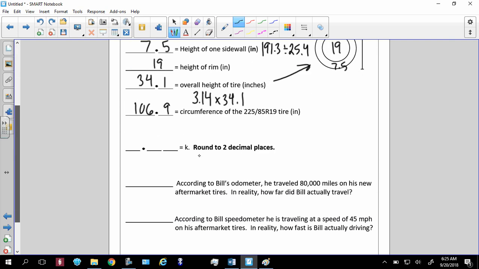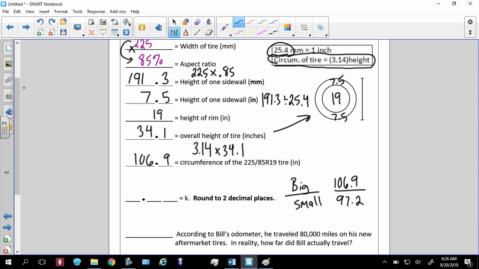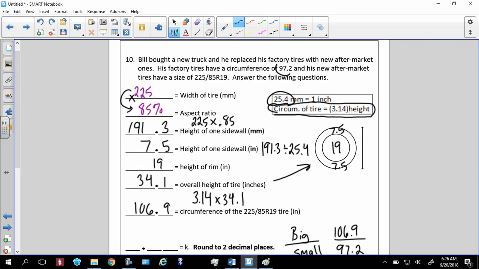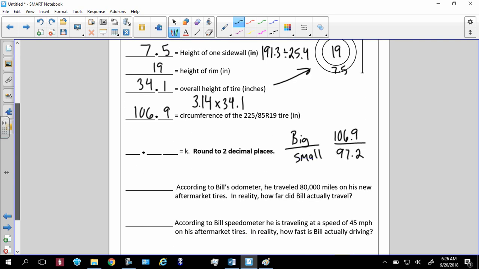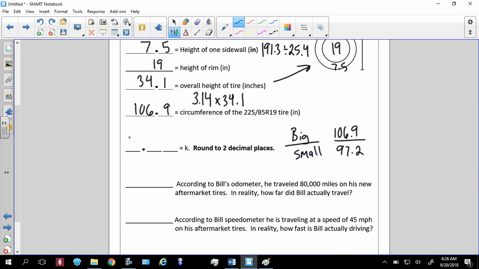Now, to find K, K is the bigger tire over the small tire. So the bigger tire was 106.9. The smaller tire in the directions was 97.2. So for folks that need to see it, the directions said the older tire was 97.2. Divide that out, and you get 1.10.